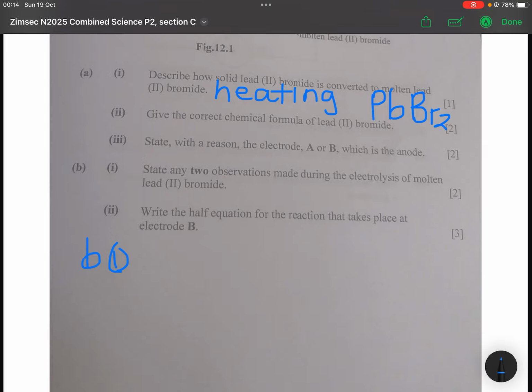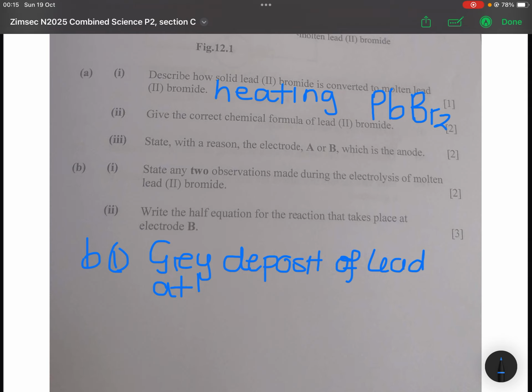So we are going to see a gray deposit of lead at the cathode. So this is how you get the first mark.